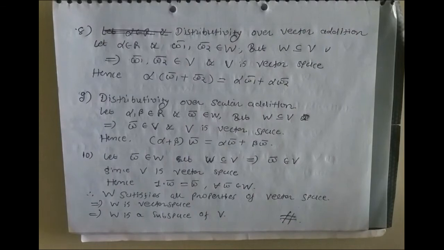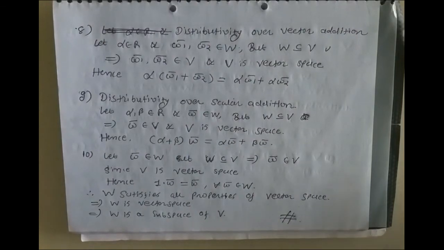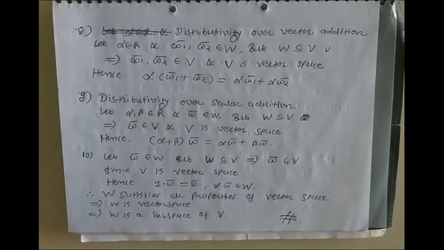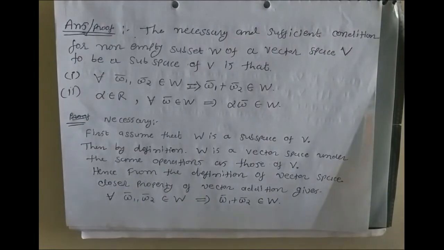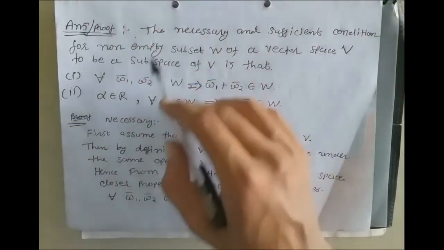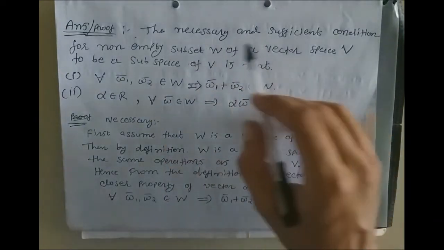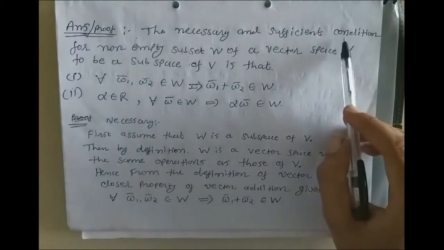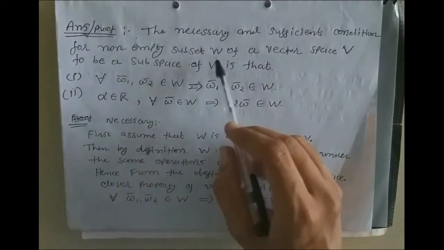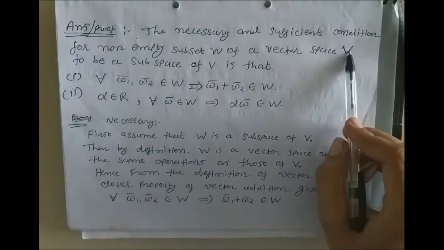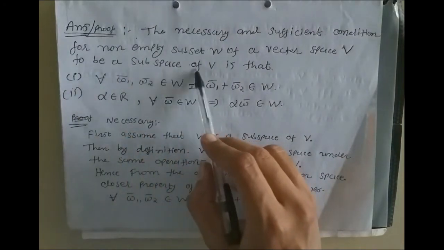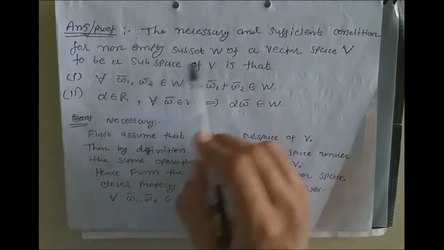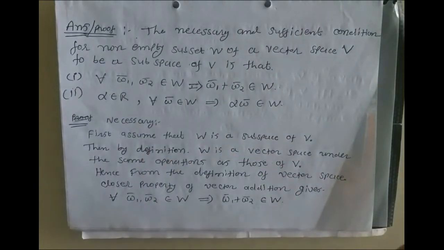So what have we done in this proof? First of all, what is our aim? Our aim is to prove this theorem. So what is the statement? The necessary and sufficient condition for a non-empty subset W of vector space V to be a subspace of V is that, first, W is closed under vector addition.